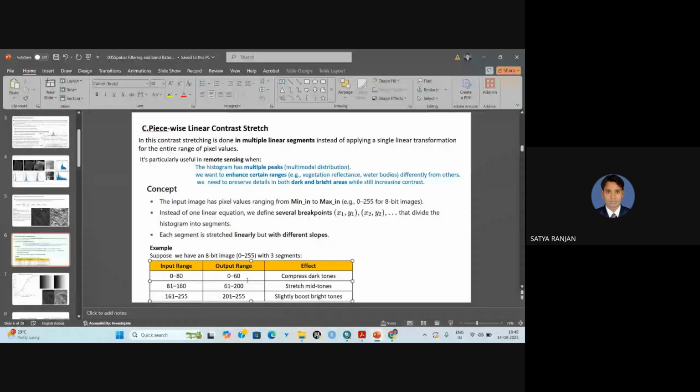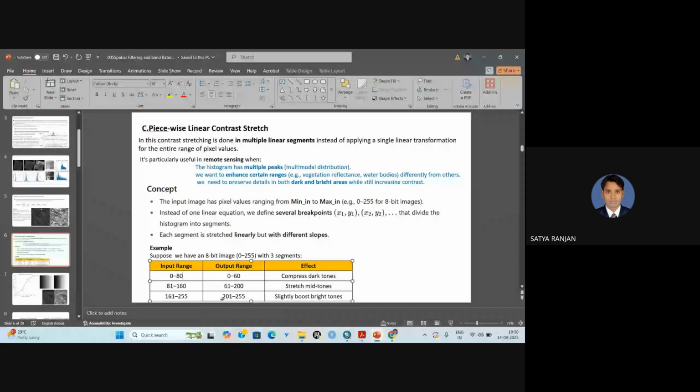When pixel values of 0 to 80 are converted into 0 to 60, it looks like a compressed dark tone, because the 0 to 80 values are compressed to a smaller range, 0 to 60. Values nearer to 0 look like a darker tone. Here it reduces by 20 values, so it looks neither darker nor brighter.